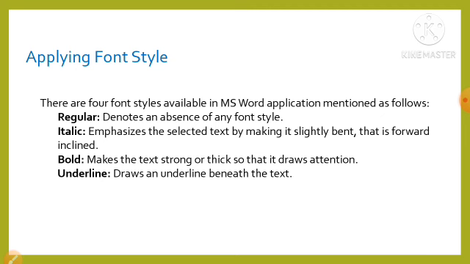Next, bold, that makes the text strong or thick so that it draws attention. And then underline, it draws a line beneath the text. Now to apply a font style to the text, we need to first select the text and then use one of the techniques: the Home tab, keyboard or Font dialog box.